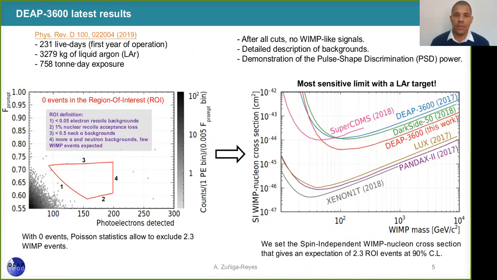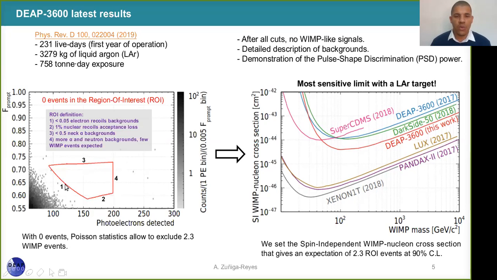But after applying all the cuts, we don't see any WIMP-like signal. However, we provide in the paper a detailed description of the different backgrounds in the detector. And we show the power of the pulse-shape discrimination strategy. If you look at the left plot, you can see the region of interest in DEAP, and there is no event in there.